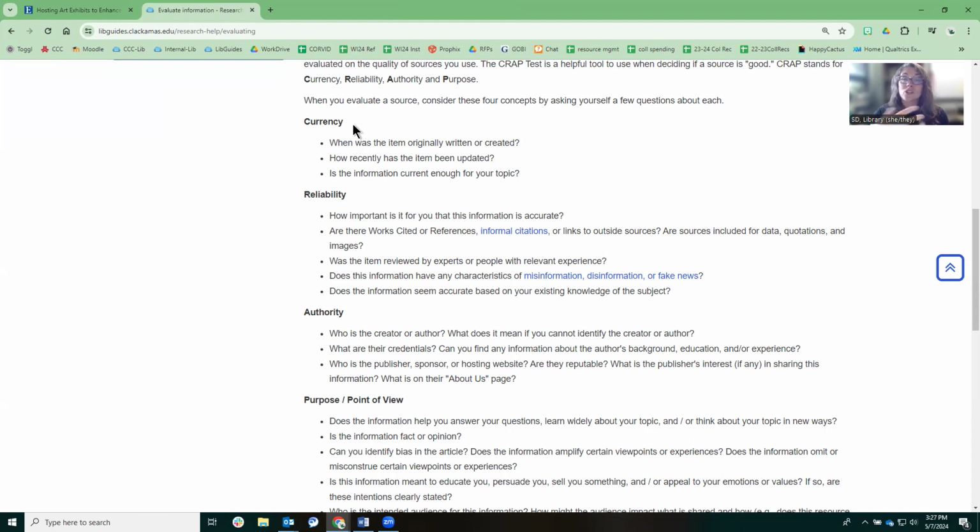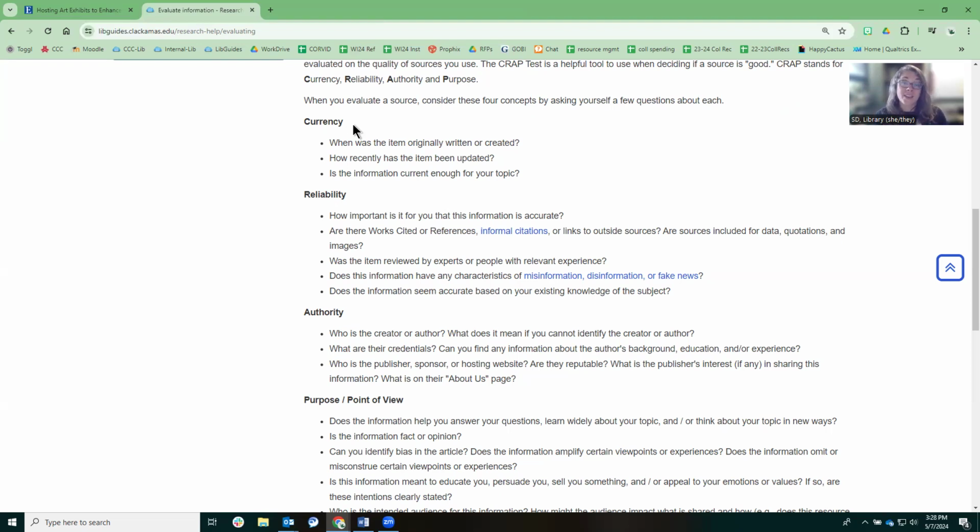If you have a historical topic, or you're trying to show the way that ideas or thoughts or information have changed over time, it may be okay or even preferred to use a little bit older information. So it's not that necessarily one thing is good or bad, newer is better or older is better.